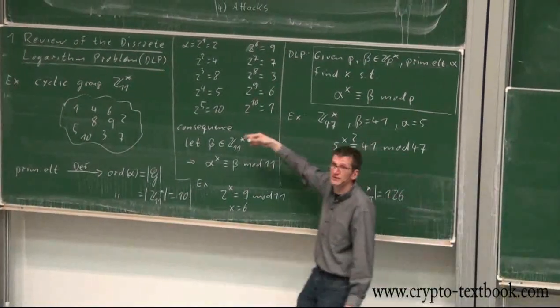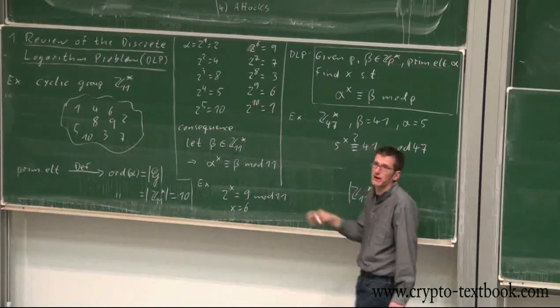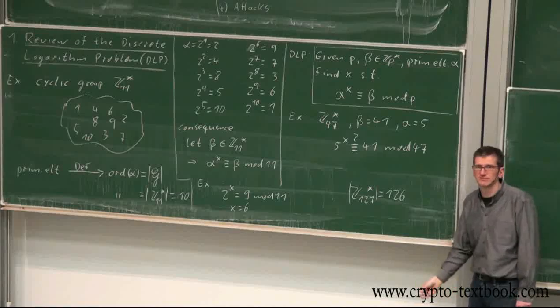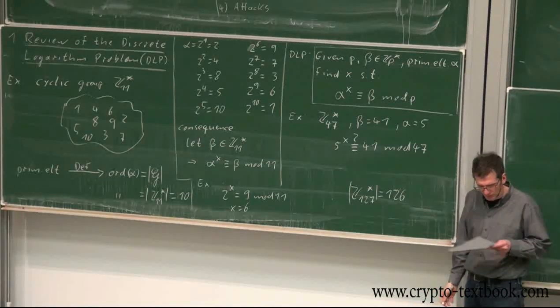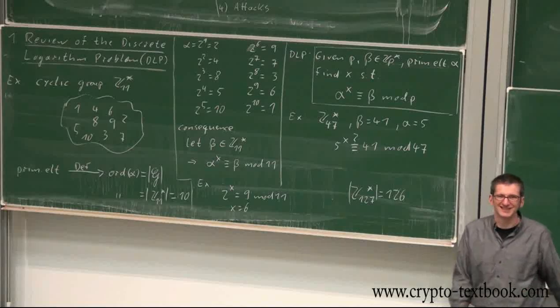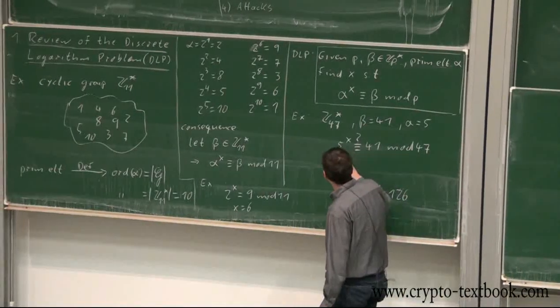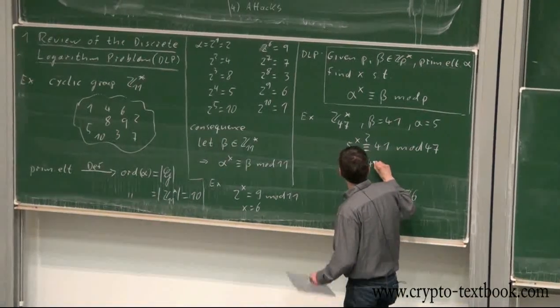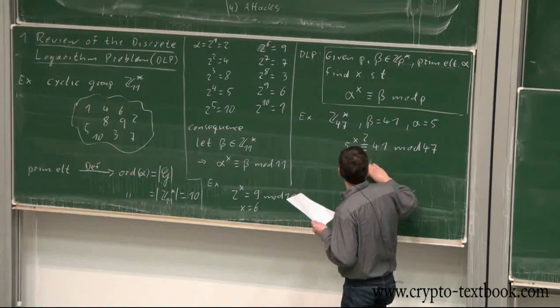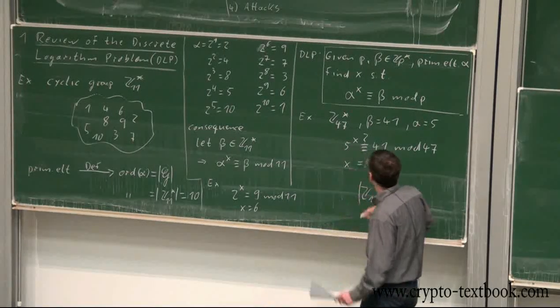And this time we don't have this nice pre-computed table with all powers of 5, right? Does anyone have any idea? 42? No, it's 41, but it's a good guess. Okay, very good. No, 15, I'm sorry, 15, I was wrong.